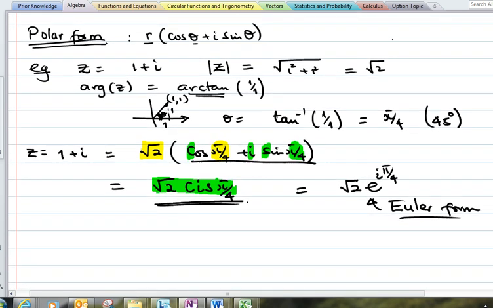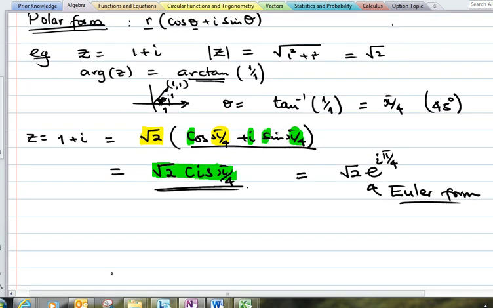Now, once you have established the cis form, we will later be looking at some generalizations that come from having complex numbers z1 and z2 both in the polar form.